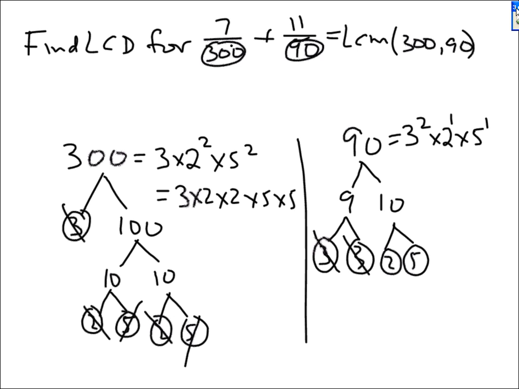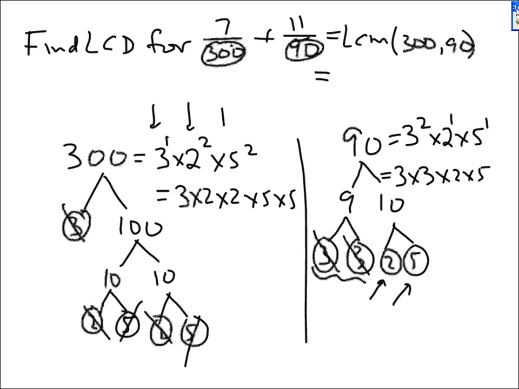The power is understood to be 1 if it only comes up one time. If you don't like exponents, fine. It's 3 times 3, those two 3s, times 2 times 5. Now, the LCM is going to equal, you write down the different bases.